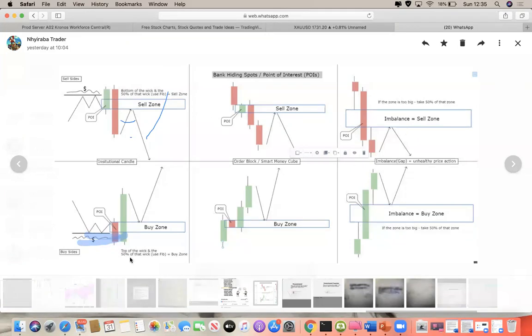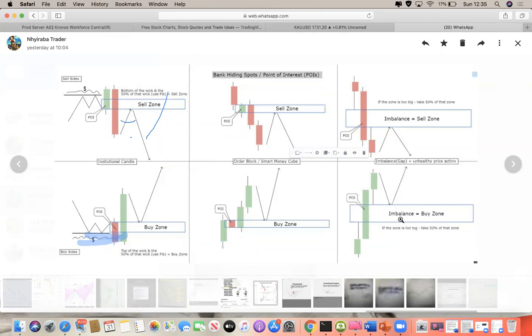I hope that makes sense. What time frame would you be looking at? I'll be looking at every single time frame where I can get clean price action to enter the trade, where I'm going to get the cleanest entry into the market.